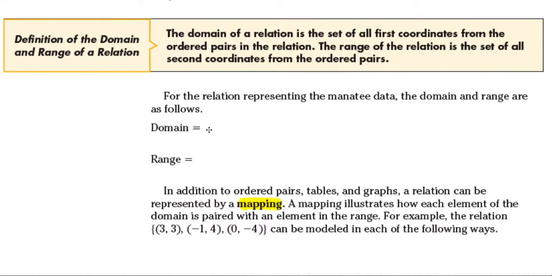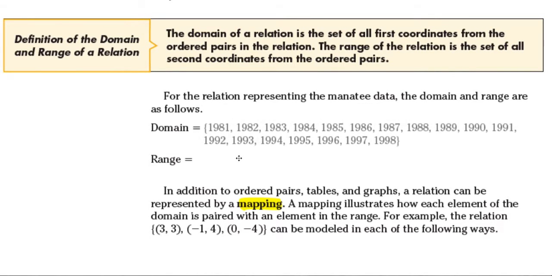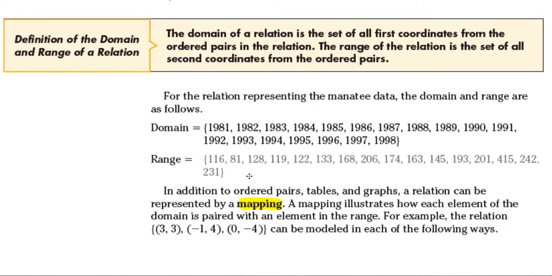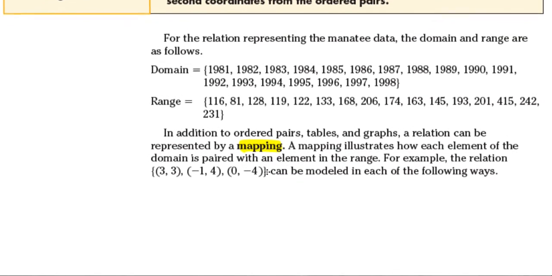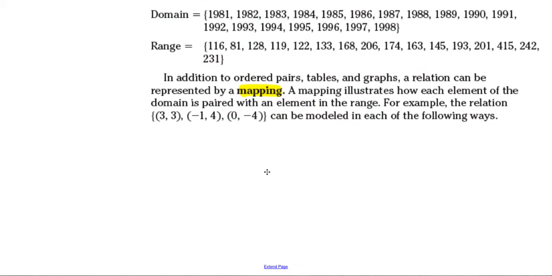If you notice, the domain represents all the years, 1981 to 1998, and the range represents all the manatees found dead for that particular year. In addition to ordered pairs, tables, and graphs, a relation can be represented by a mapping. A mapping illustrates how each element of the domain is paired with an element in the range.